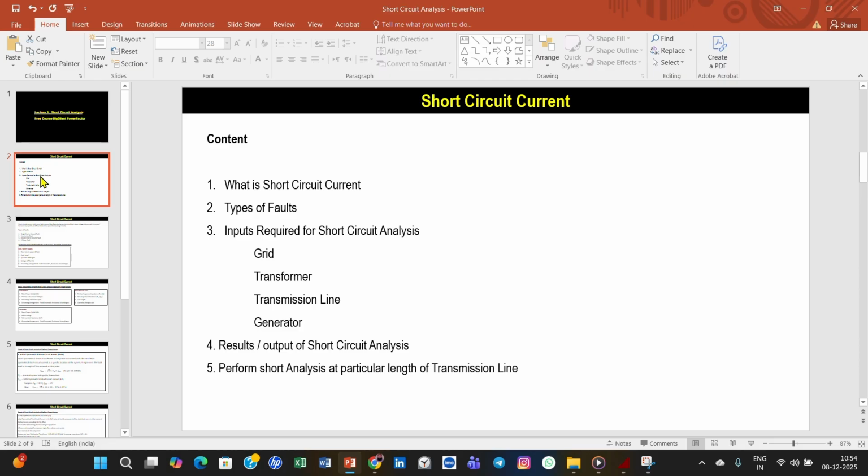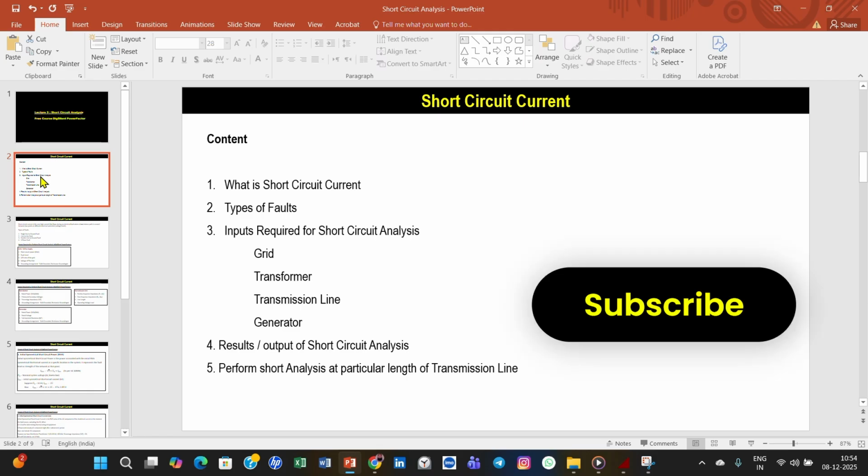We will see what the short circuit current is, what the different types of faults are, and the inputs required for short circuit analysis, that is, the inputs required for the grid, transformer, transmission line and generator to perform the short circuit analysis. Then the results, that is, the output of the short circuit analysis. What are the results we get when we perform the short circuit analysis?